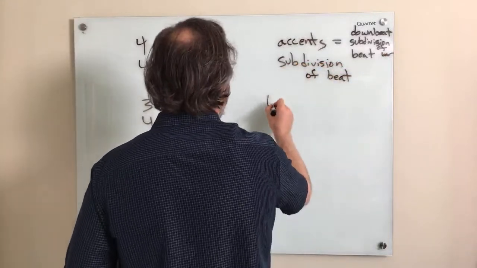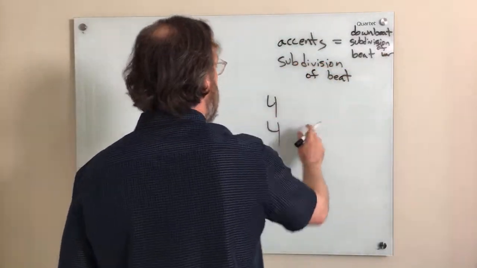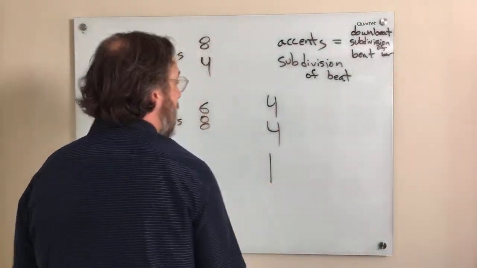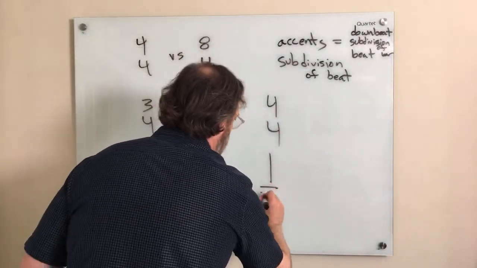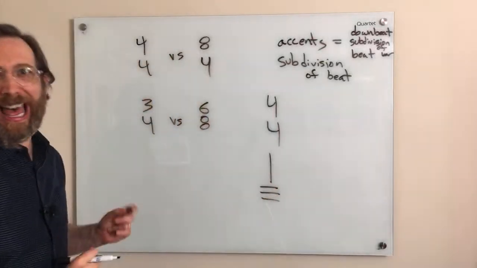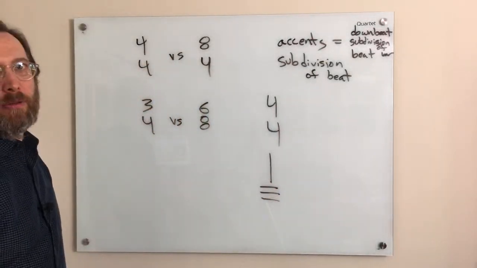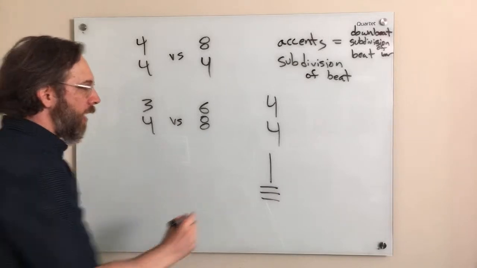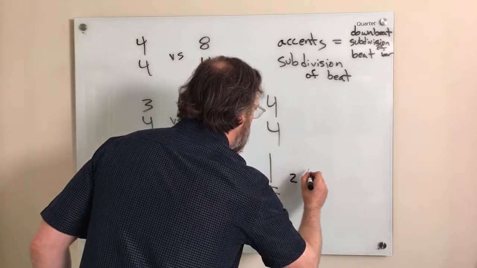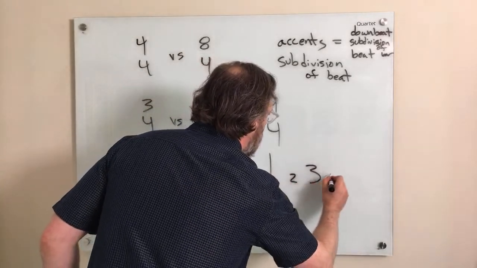So let's take a look at 4/4, right? So 4/4 means that accent 1 is the loudest. It's the loudest accent. 1, 2, 3, 4, 1, 2, right? So then we have 2, we have 3, and we have 4.